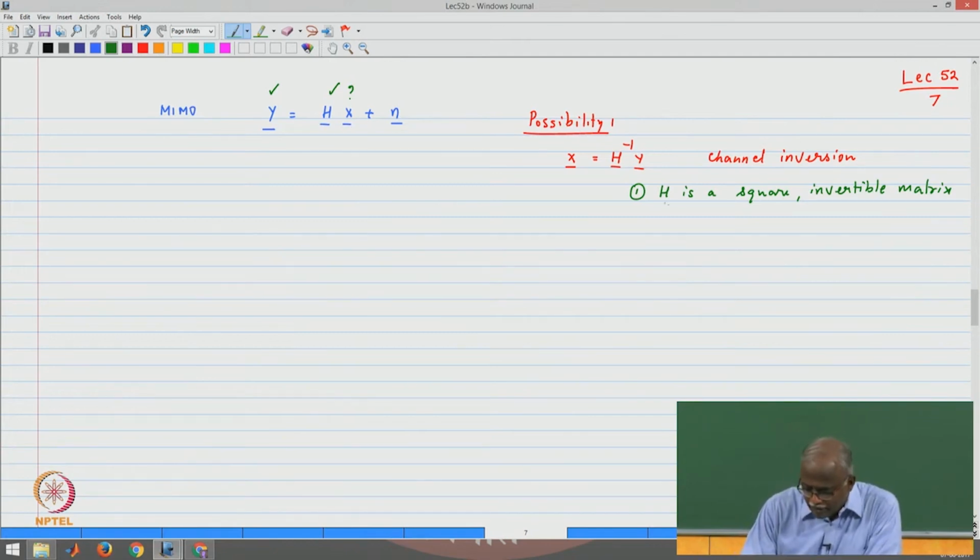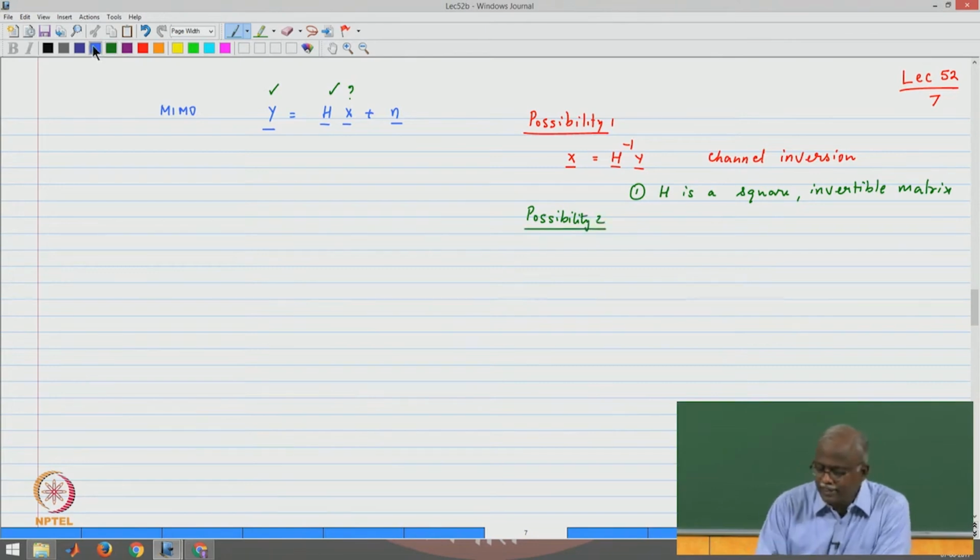However, when you think along these lines, we can also think of a possibility 2, number 2, and the possibility 2 says that before you transmit the signal x, you pre-code the transmitted signal.